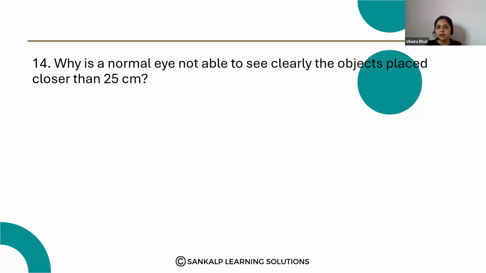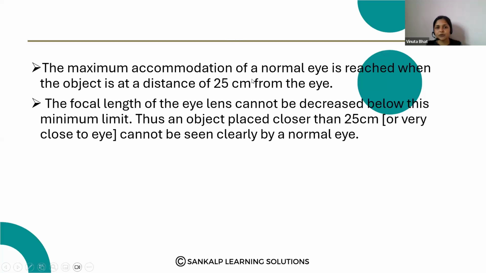Next question. Why is a normal eye not able to see clearly the objects placed closer than the 25 centimeter? The person who is having the normal eye vision is also not able to see the objects which are closer than the 25 centimeter. What is the reason for this?